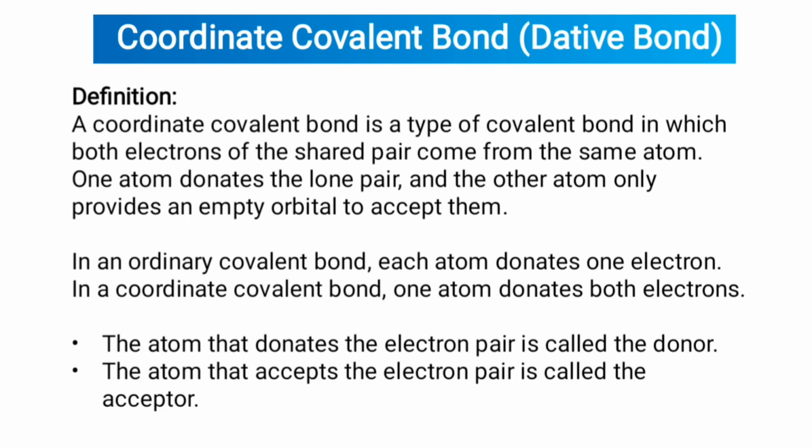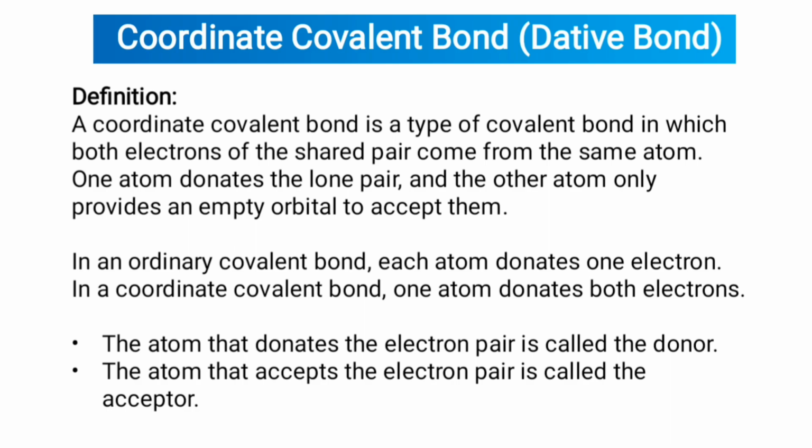My dear student, a coordinate covalent bond is a type of covalent bond in which both electrons of the shared pair come from the same atom. One atom donates the lone pair and the other atom only provides an empty orbital to accept them.